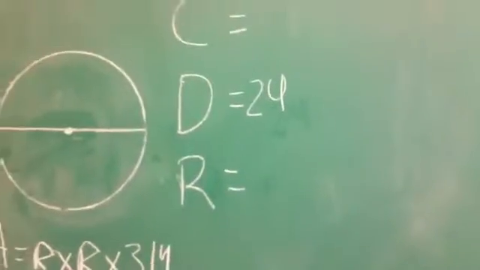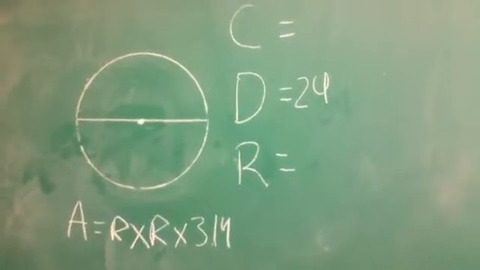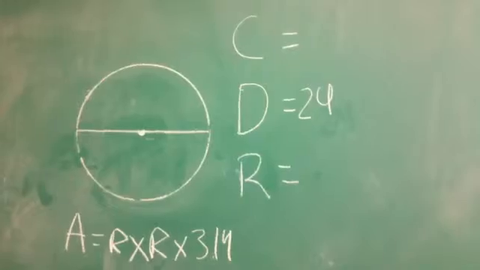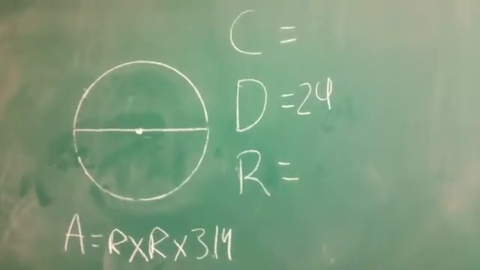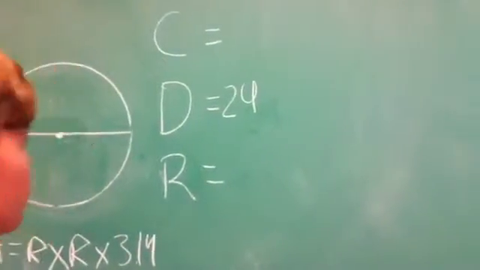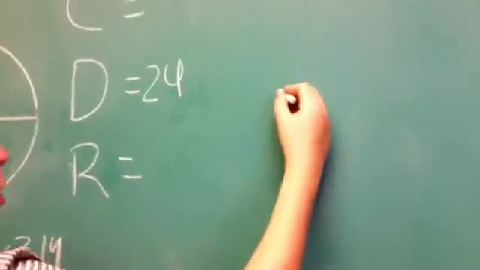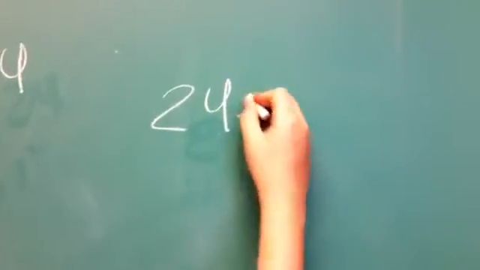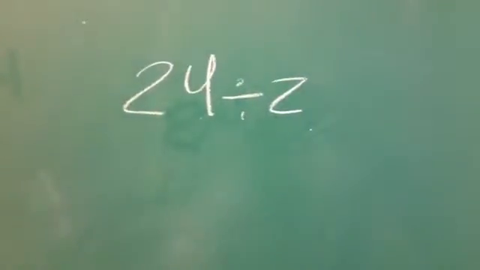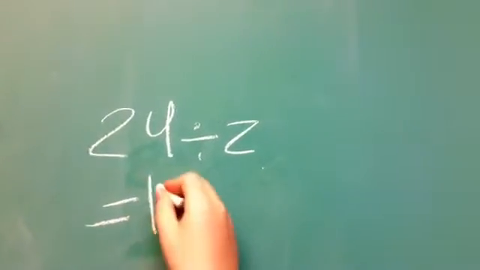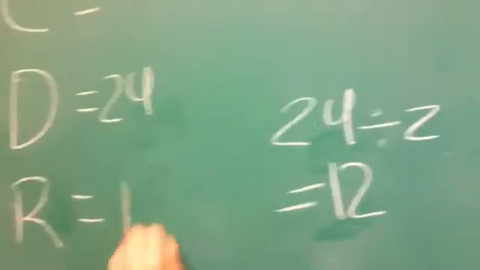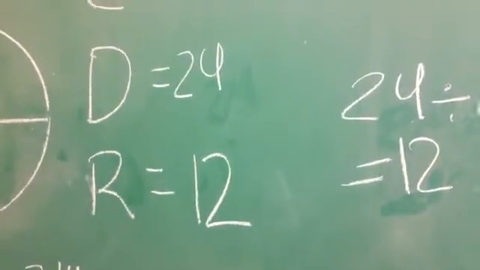Finding these measurements, you can use any tool of measurement like a ruler, measuring tape, or meter stick. Now, since the diameter is 24, to find the radius with the diameter, you will divide it by 2, and that equals 12. So the radius is 12.